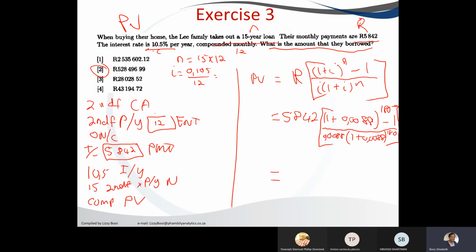And when you calculate this, it should give you 528,496.99. And that's how you calculate annuities.